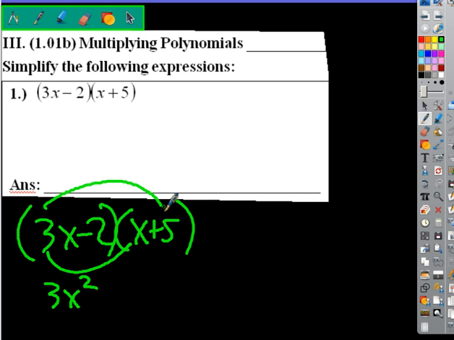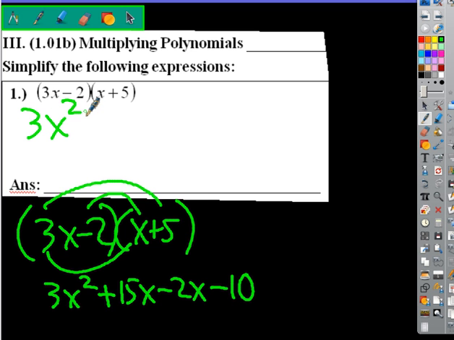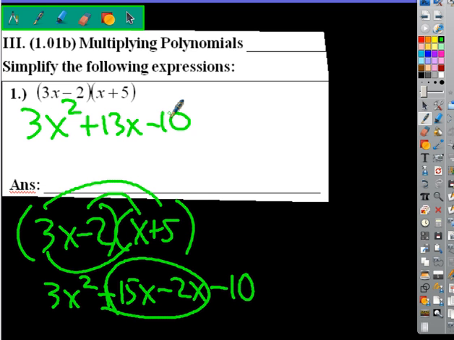Outers, 3x times 5 is plus 15x. Inners is minus 2 times x, which is minus 2x. And lasts, minus 2 times 5 is minus 10. And so my answer is 3x squared plus 15 minus 2 is plus 13x, and then minus 10. If I do the box method, I should get the same result.